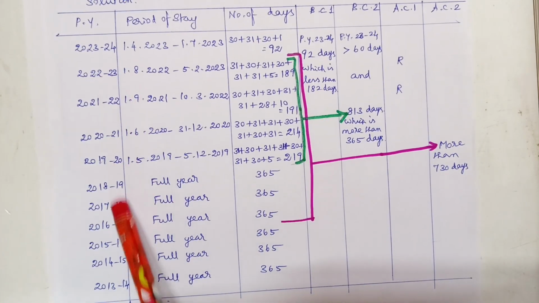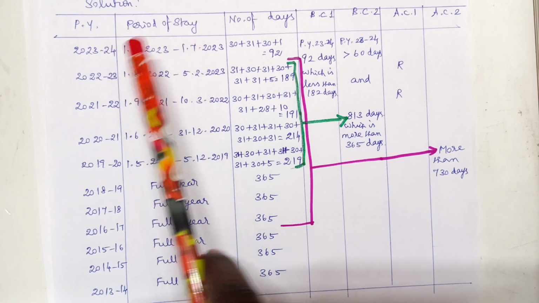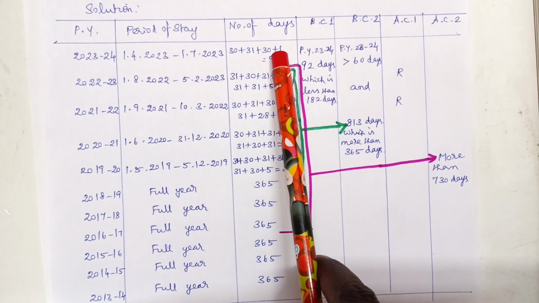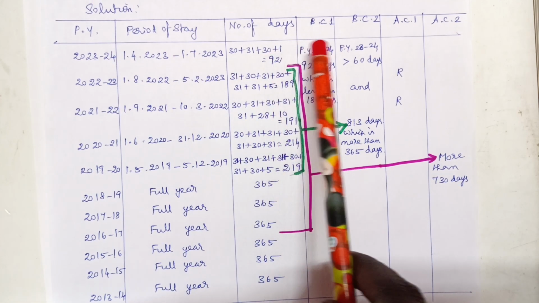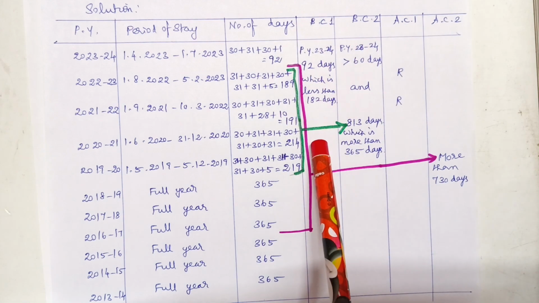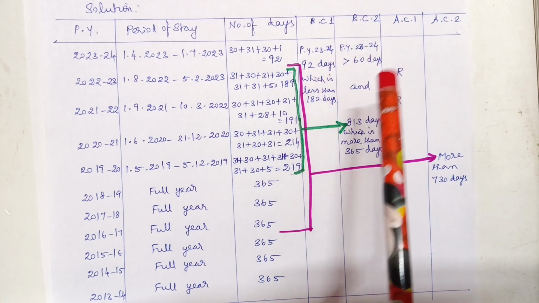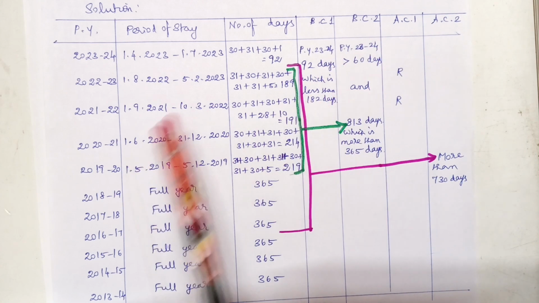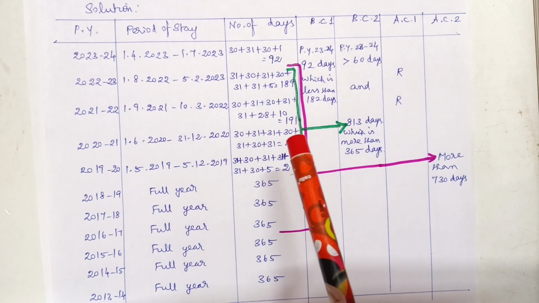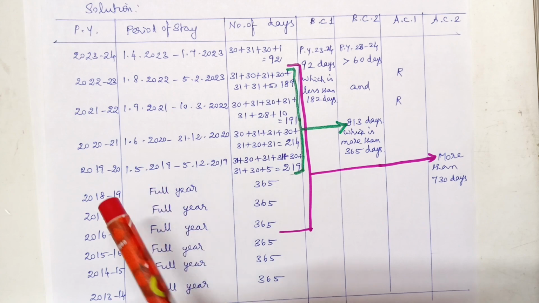So I have written the preceding 10 years, and the next column is the period of stay in each previous year and the number of days calculated. Then in the remaining columns, I have given the details about whether the given assessee is fulfilling the basic condition and additional conditions. If this kind of table is prepared, then it is easy for the calculation of number of days and for checking the conditions.